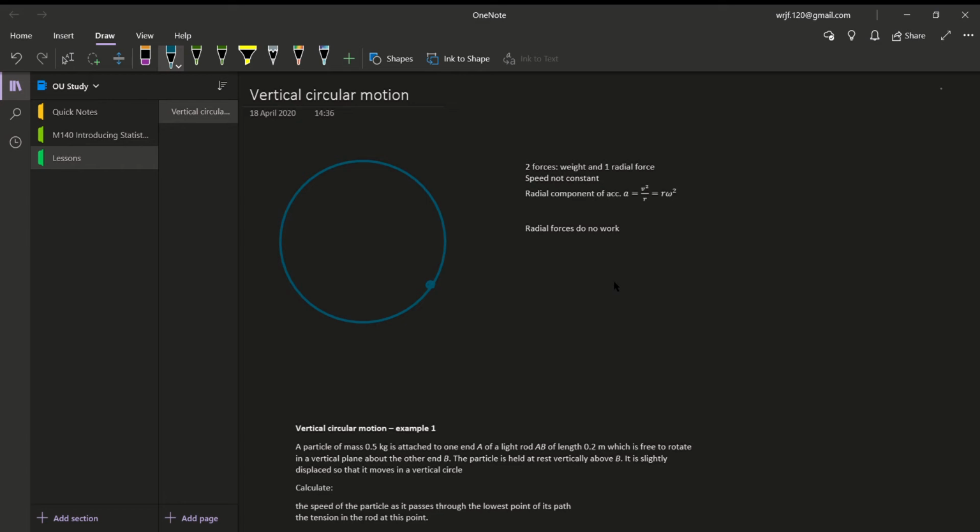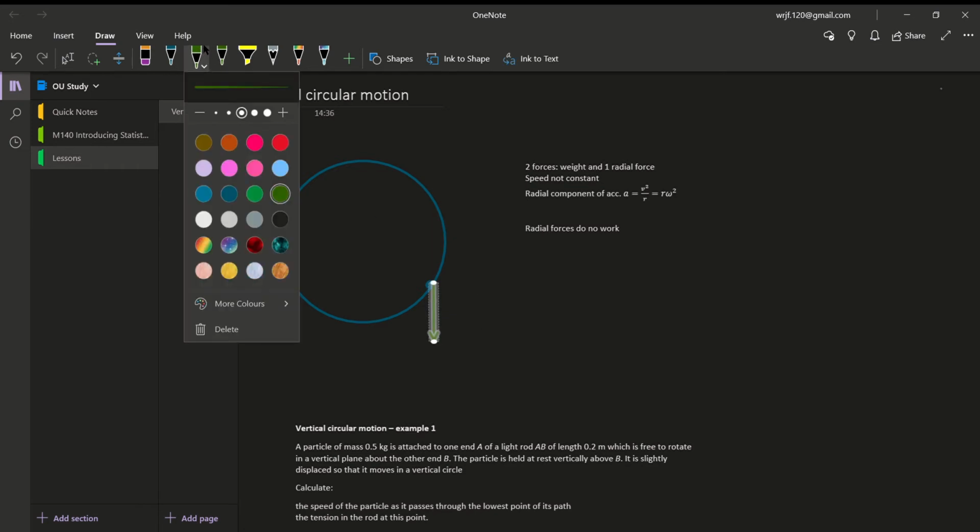So we're looking at objects moving in a vertical circle now, and this is restricted, as far as our specification is concerned, to cases where, because it's vertical, clearly there's going to be one vertically downwards weight force, which will be mg.